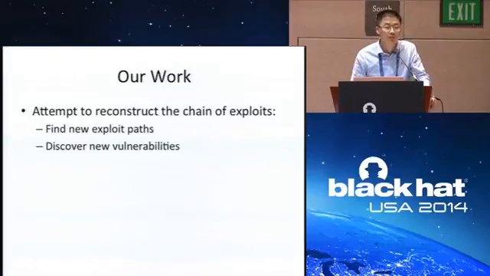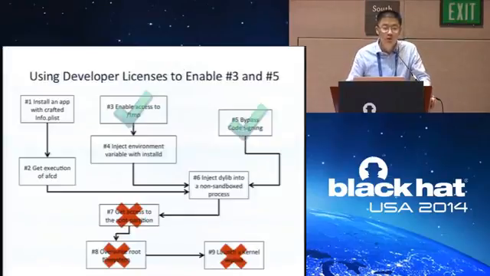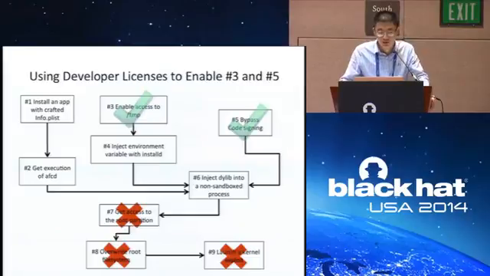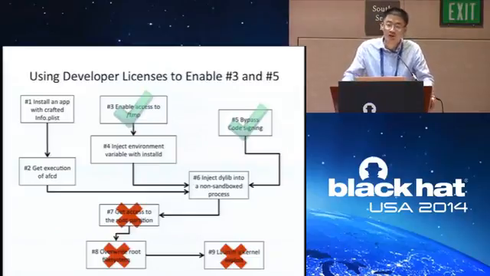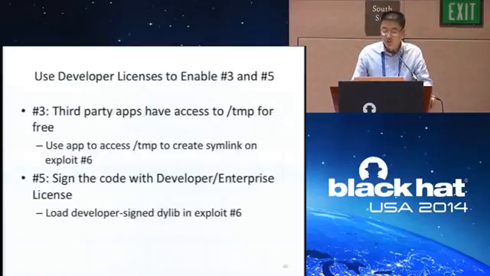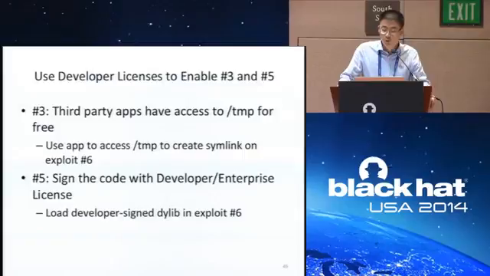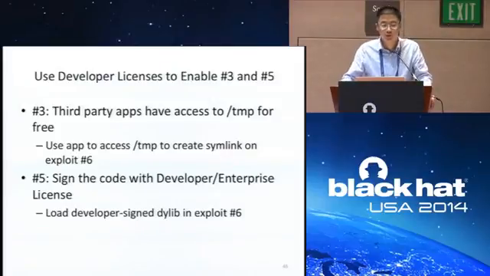With this goal in mind, we reviewed the patched vulnerabilities again. For vulnerability number 3 and number 5, we easily found a solution. Our idea is to leverage the developer license, which offers two advantages. First, all apps created with a developer license by default have access to the /temp folder.